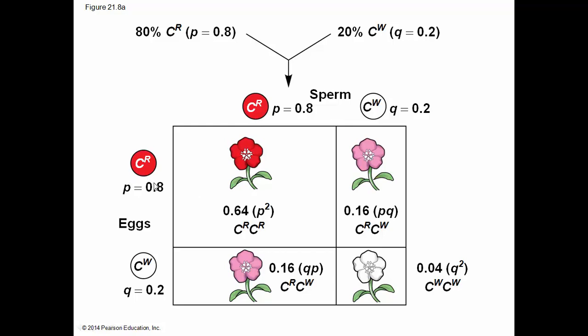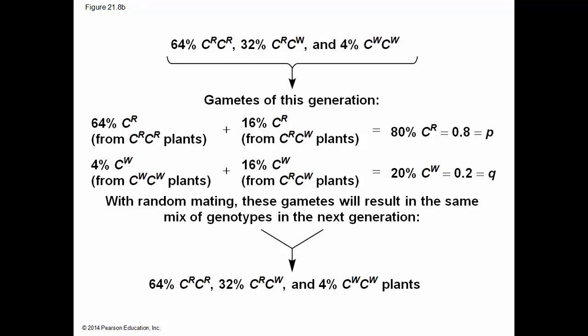And if we cross red flowers, we get 0.8 times 0.8. That's P squared, which is 0.64. And if you cross the red with the white flower, you get 0.32, which is the pink flower.